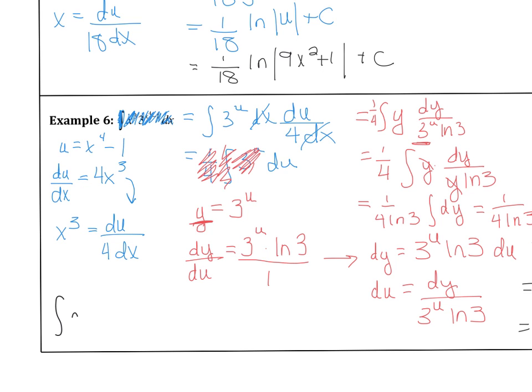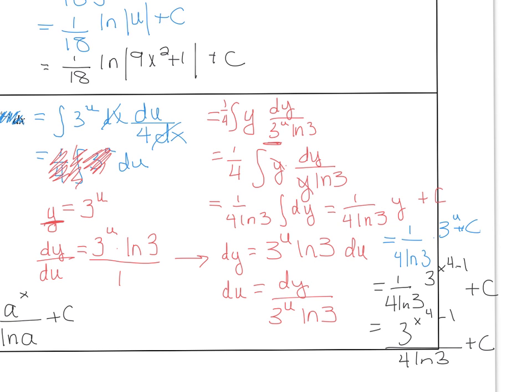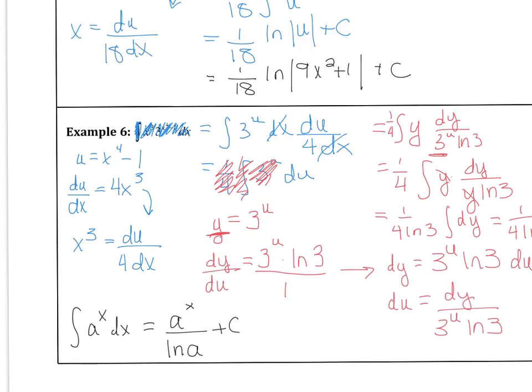The antiderivative of a to the x with respect to x will be, well, the antiderivative of any exponential is itself, but now we'll just divide by the natural log of the base plus c. And we saw that right over here: itself over the natural log of the base. You can do a u sub every time, but that takes time.